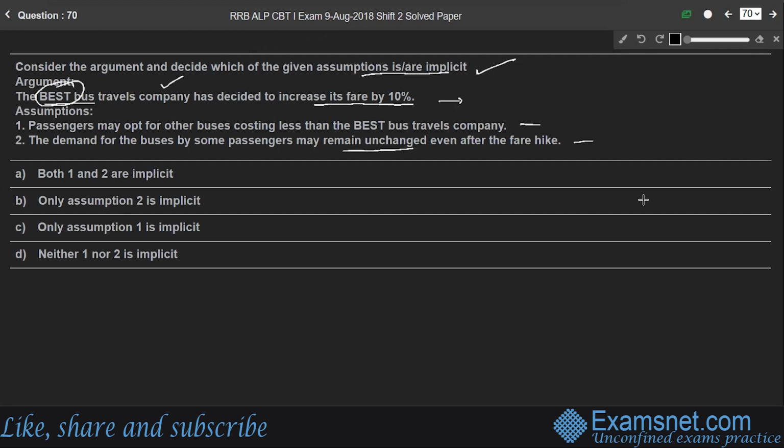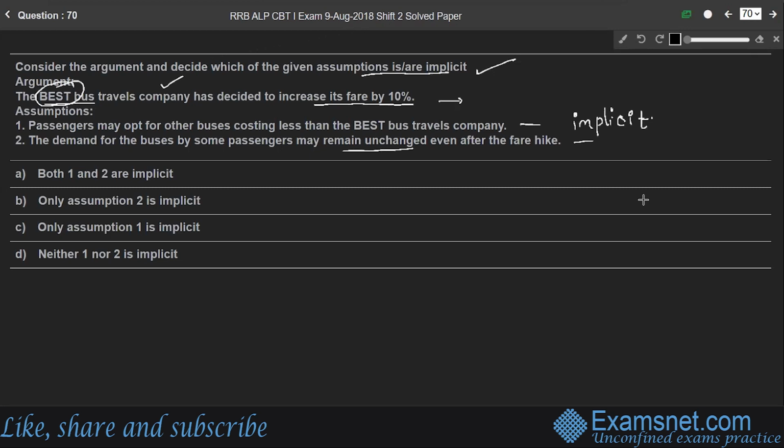Students, if one bus company increases its fare, then people will look for other buses with cheap fares. So the first assumption is implicit. People will look for other buses with cheap fares. So the first one is implicit.